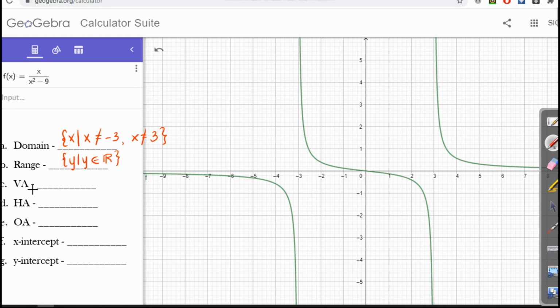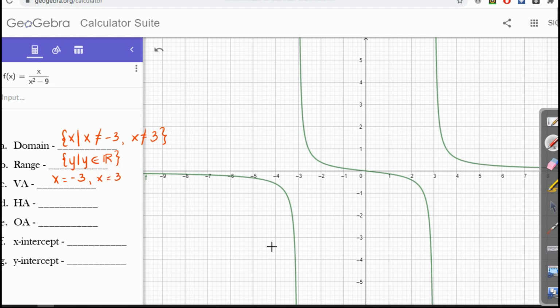How about the vertical asymptote? Observing this graph, the graphs did not pass through -3 and +3. As for the vertical asymptote, if you're going to observe this graph, we have a line here that passes through -3 and a line that passes through +3. Therefore, we have x equals -3 and x equals +3. How about the horizontal asymptote?